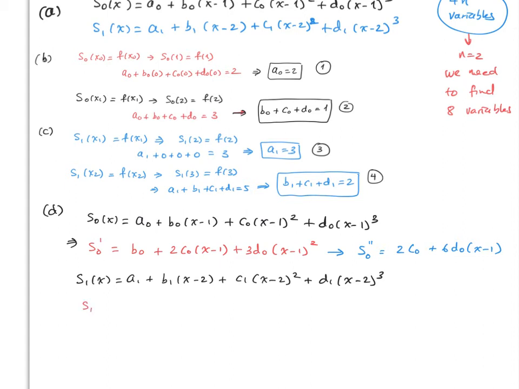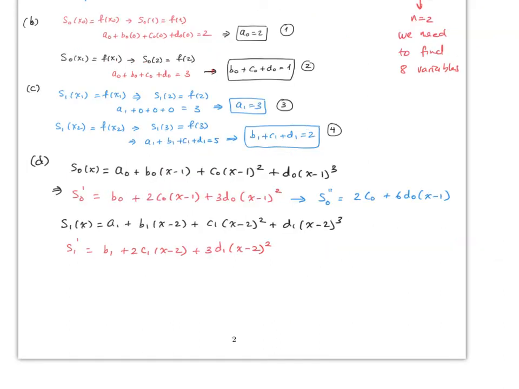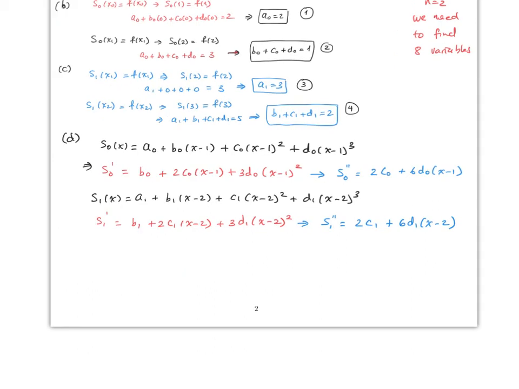The s1 prime will now be equal to b1 plus 2c1 times x minus 2, plus 3d1 times x minus 2 squared. And the second derivative is going to be 2c1 plus 6d1 times x minus 2.